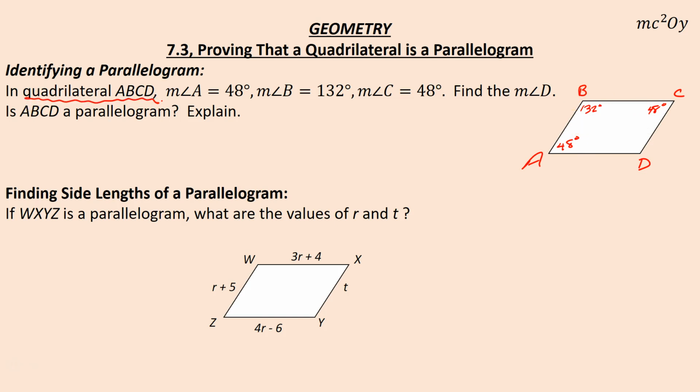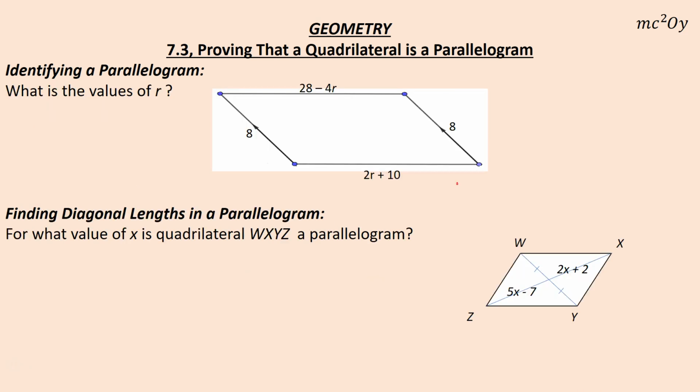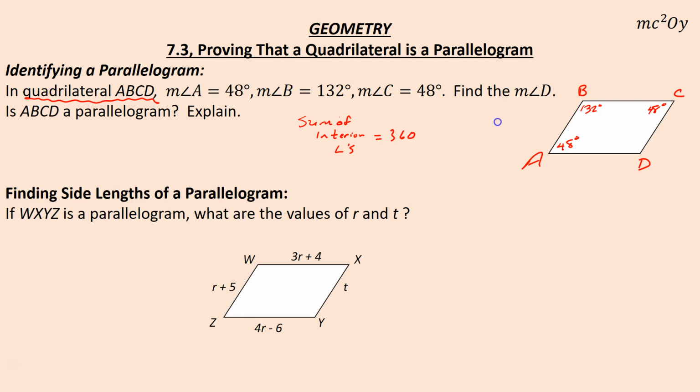And what we know about a quadrilateral is the sum of the interior angles is 360 degrees. So if I add up all of my interior angles, 132 plus 48 plus 48 plus the measure of angle D, that has to equal 360 degrees.